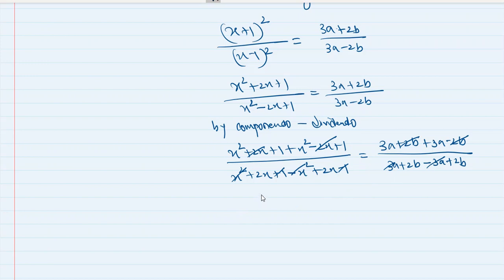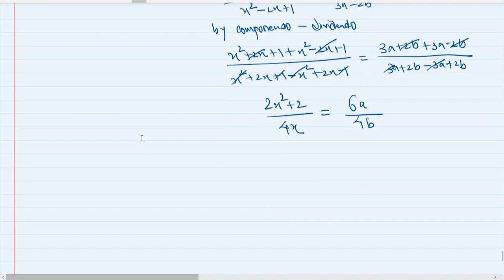See how it got simplified? So this will remain as 2x square plus 2 by this will remain as 4x. 2x plus 2x is 4x, and here I'll get 6a by 4b. See how simple it has become? Great.